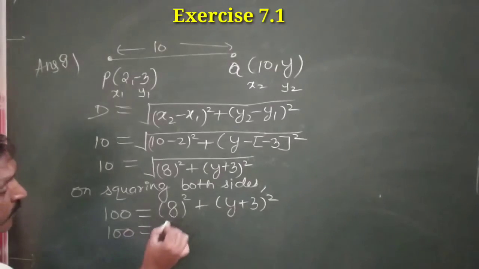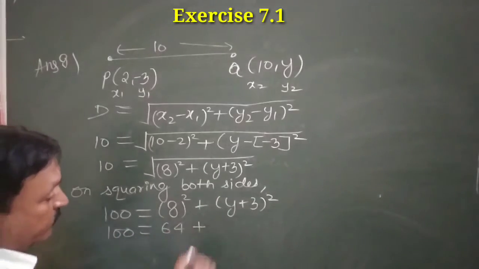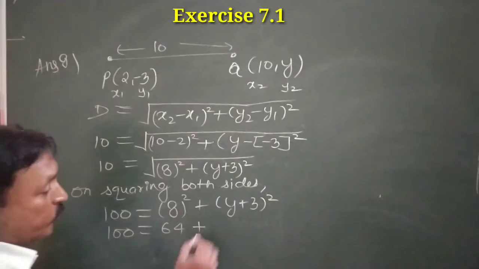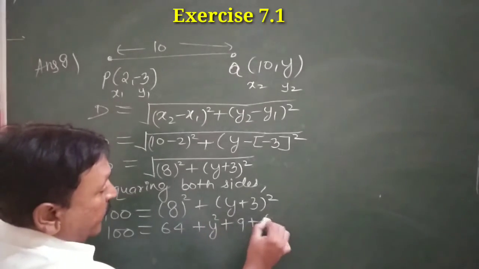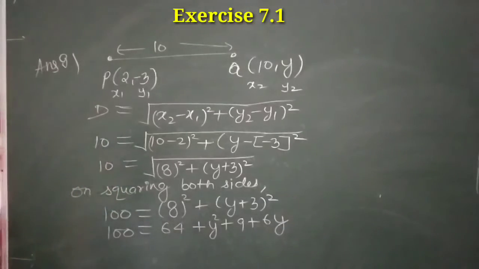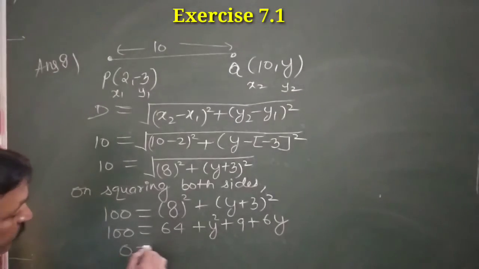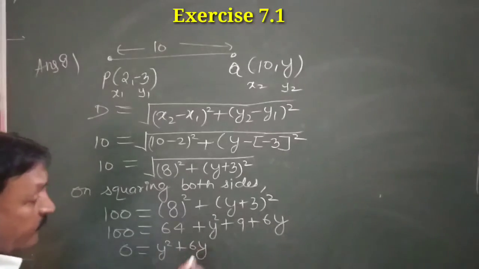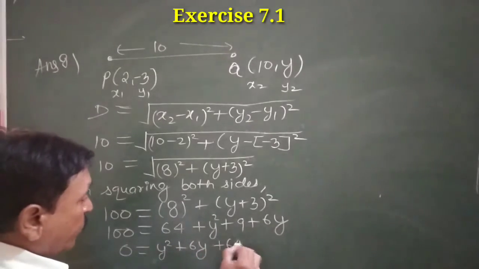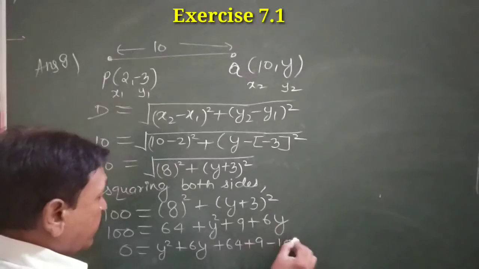100 equals 8 square, 64, plus (y plus 3) whole square, which is a plus b whole square, meaning a square plus b square plus 2ab. It is now taking the shape of a quadratic equation, so transpose 100 to the right hand side. 0 equals y square plus 6y plus 64 plus 9 minus 100.